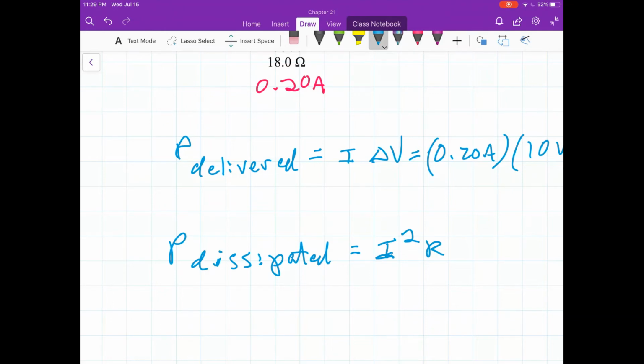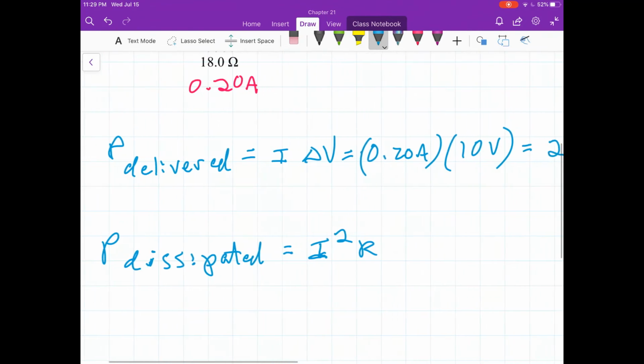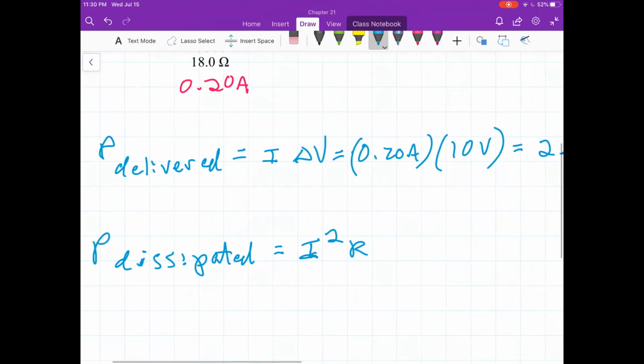If you know the voltage across the resistance, you can also do delta V squared over R. But I like this formula because it's closer to what's happening. The current flows through there. The collisions of charged electrons with the material of the resistor dissipate heat. So it's that current flow that dissipates the energy. So power dissipated, I squared R.